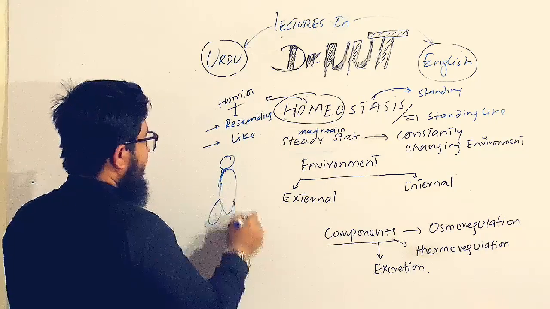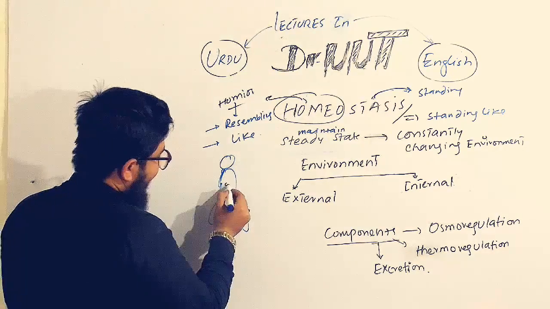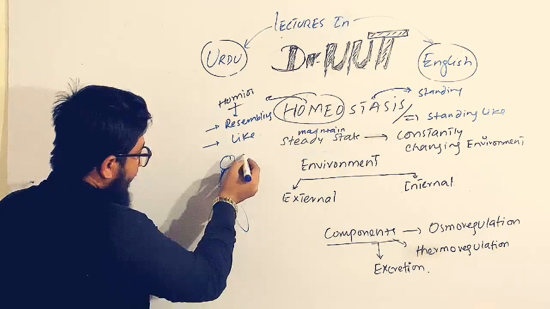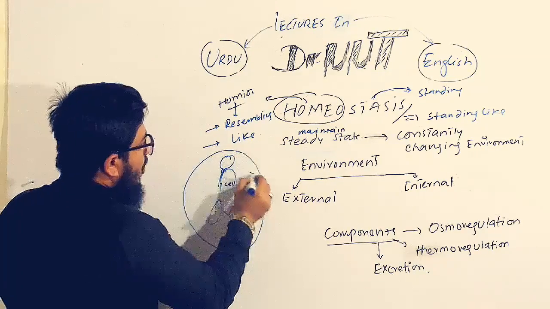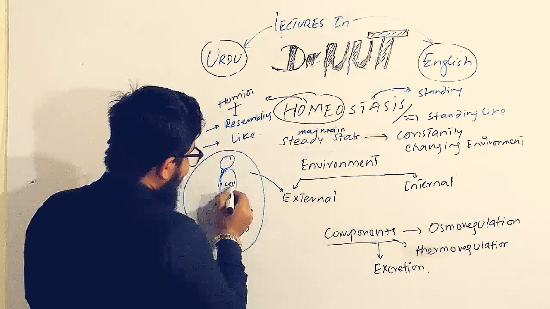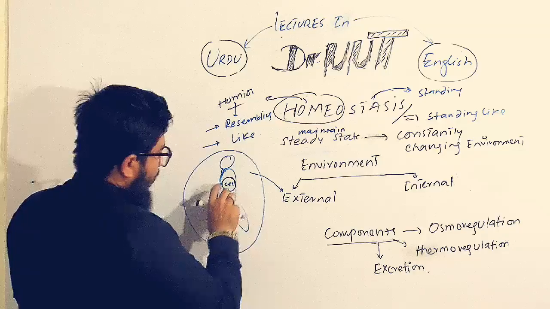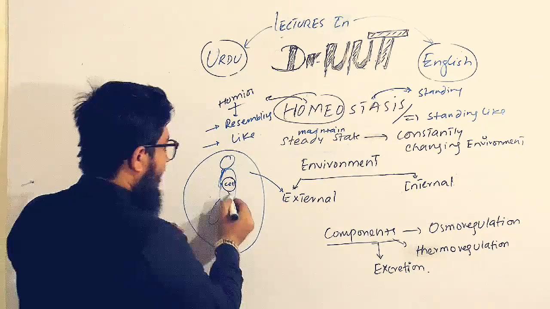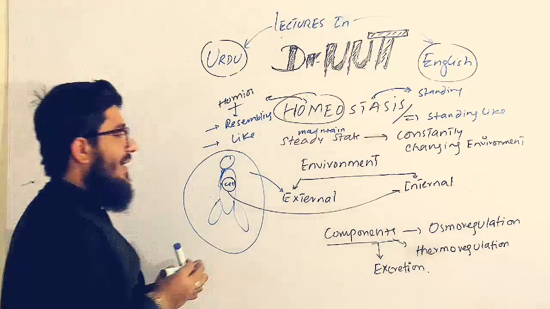Let me draw it like that. Here is a cell, suppose, and here is the human body. The environment surrounding the body is called the external environment, and the cell also has an environment around it, which is known as the internal environment.